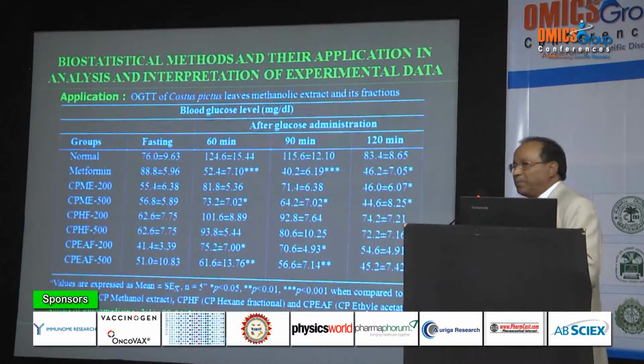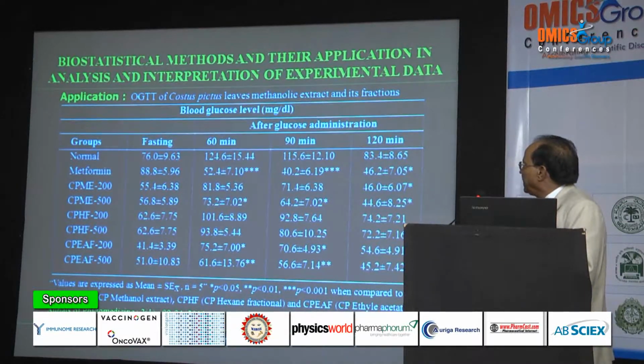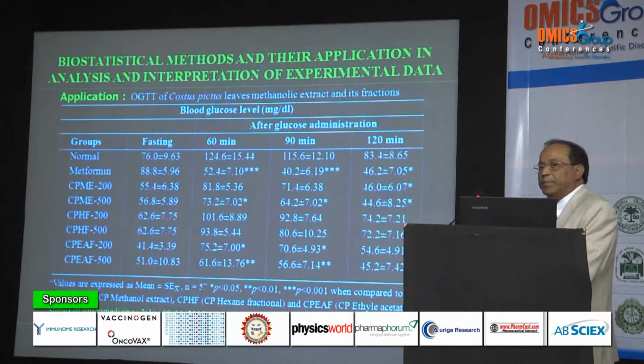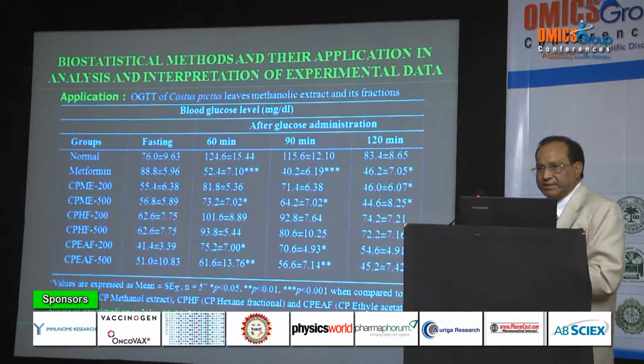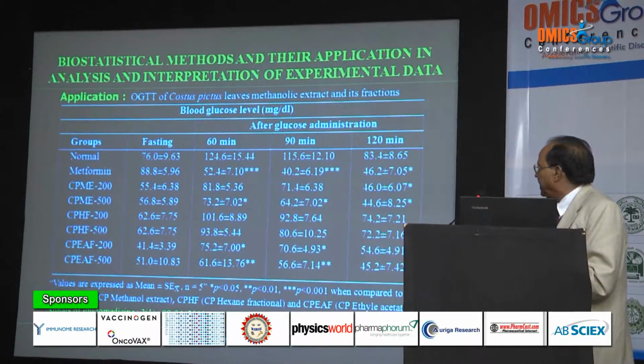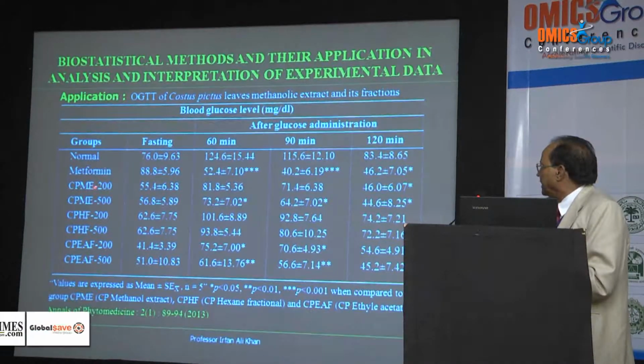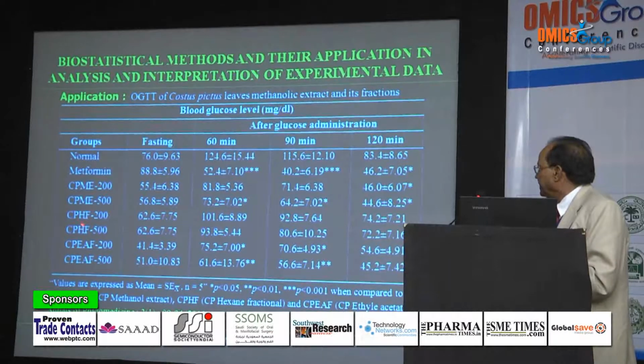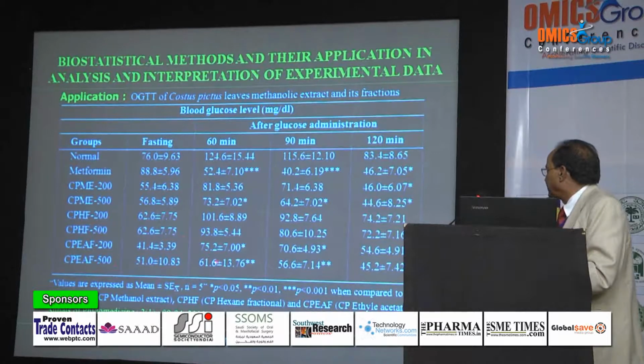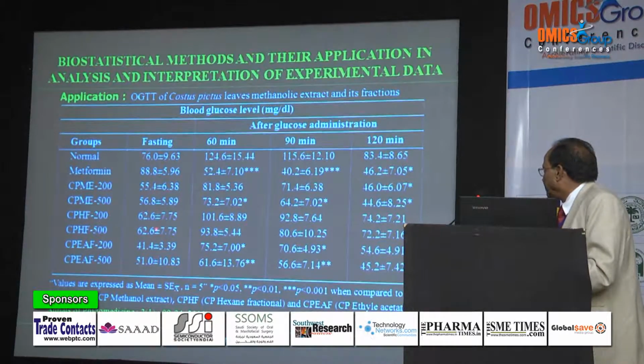But this part of the problem is important because this is the application part, where we have taken the oral glucose tolerance test of Costus pictus leaves, methanolic extract and its fractions. In this case, we have the Costus pictus methanolic extract 200, 500, hexane fraction 200, 500, ethyl acetate fraction 25, the fasting state, and the very important drug metformin, where we are seeing all the values decreasing.